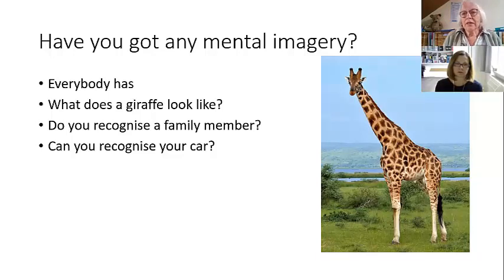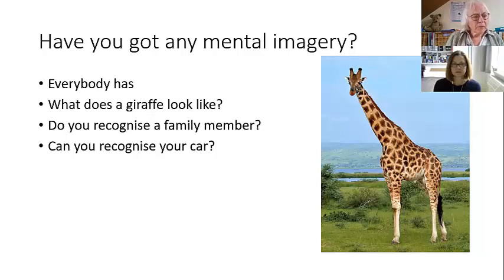And if you can recognize a family member, not in the giraffe family, I hasten to add, in order to recognize a family member, you need to know what they look like. You need to have seen them before. A new family member that might turn up in your life, you need to get an image of that one so you can remember it.